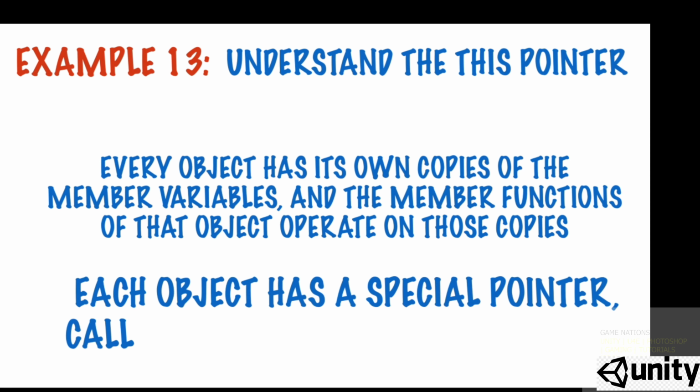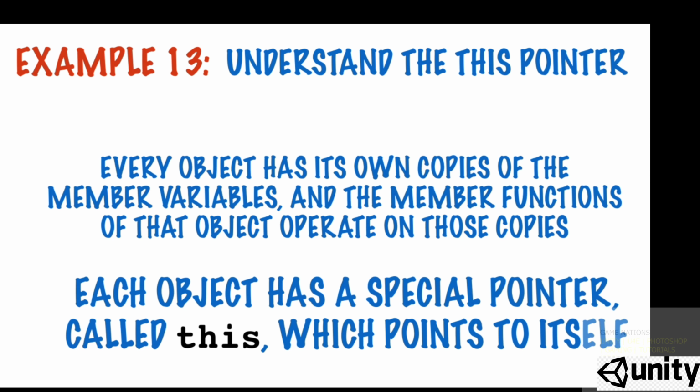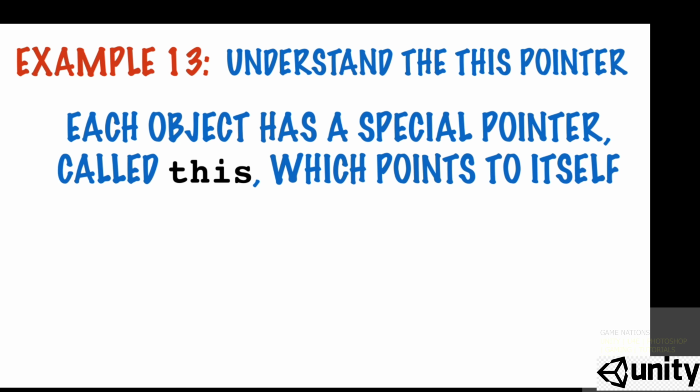Now, these member functions can be arbitrarily complicated. Within the member function, how would you refer to the class itself? And that's where the this pointer comes in. Each object that you instantiate of a class has a special pointer called this, which points to that object itself.